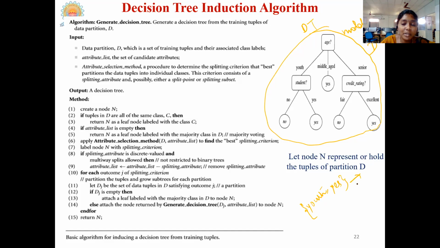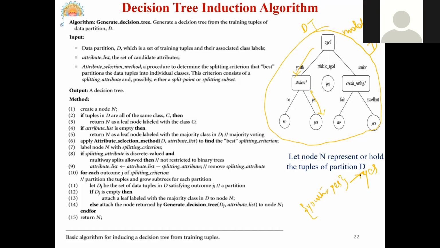If the age is youth, you can go in this way, and the next value is yes, that means student. So what is the final label? Yes. So this may be the right answer. Why? Because these are not the actual labels. These are the predicted labels.